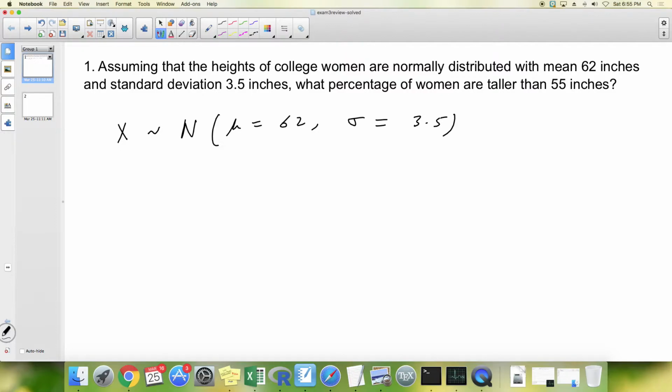We need probability X bigger than 55. Okay, so we shall draw diagrams first.